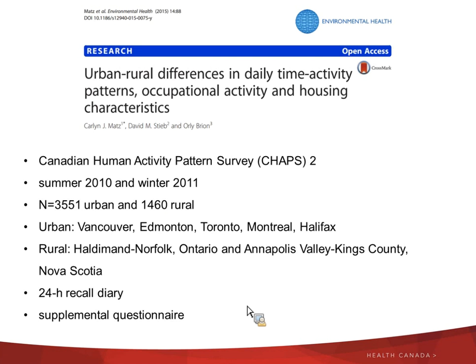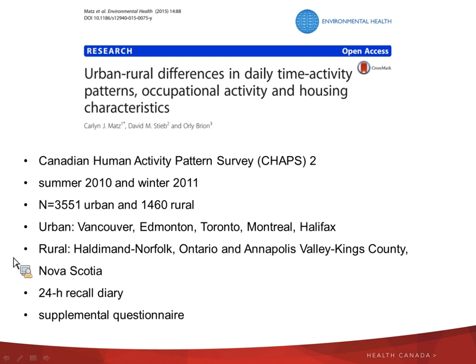Now, there are other factors that mediate susceptibility to adverse effects of air pollution exposure, including time activity patterns, occupational activity, and housing characteristics. This paper was an earlier version of what was called Lifestyles of the Urban and Rural.